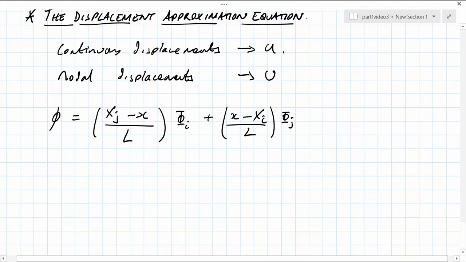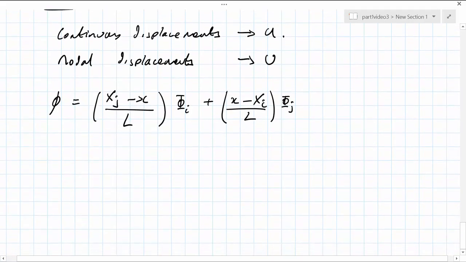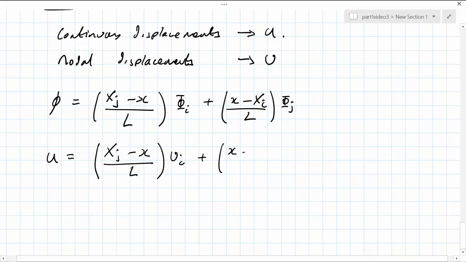Thus, our displacement approximation equation can now be rewritten as lowercase u being equal to capital Xj minus x over L times capital Ui, plus x minus capital Xi over L times capital Uj.